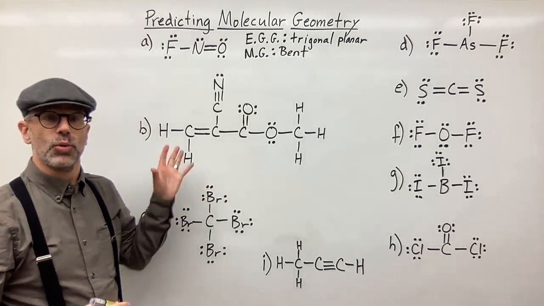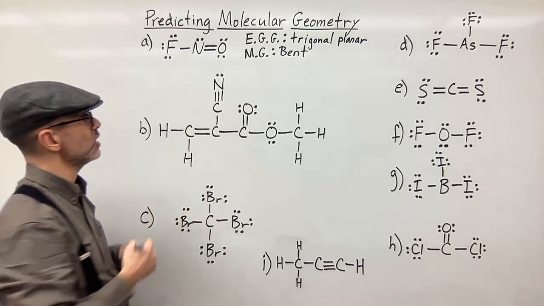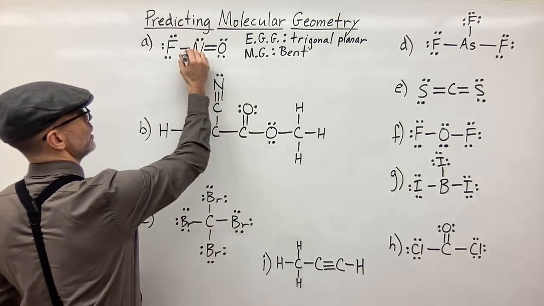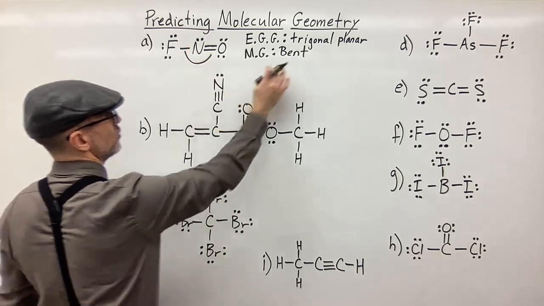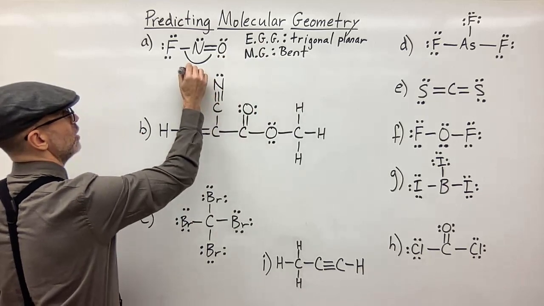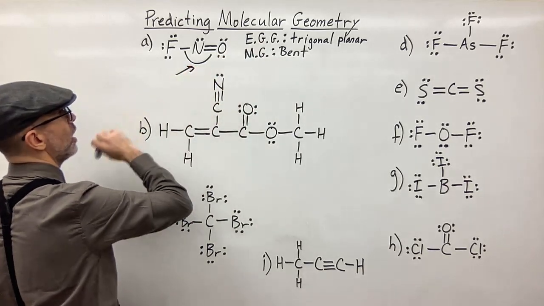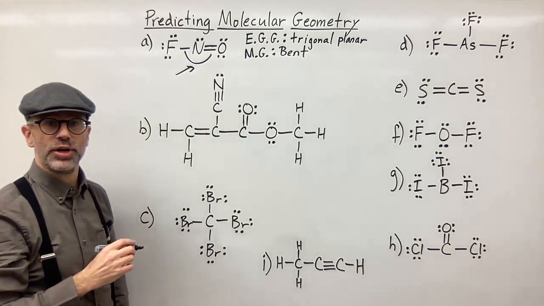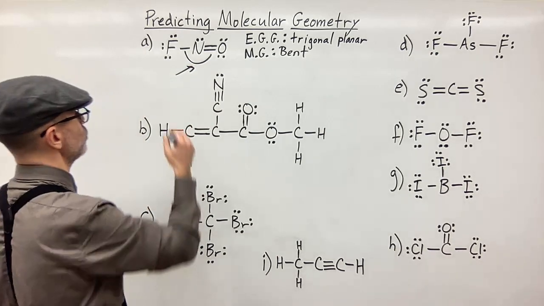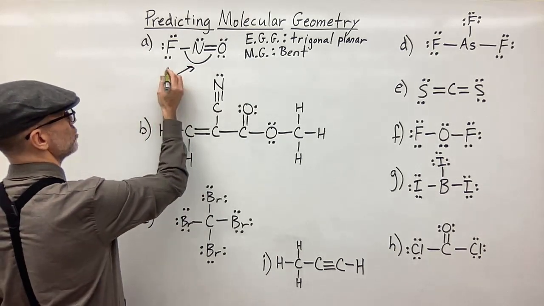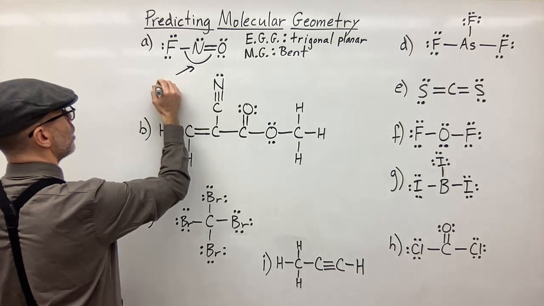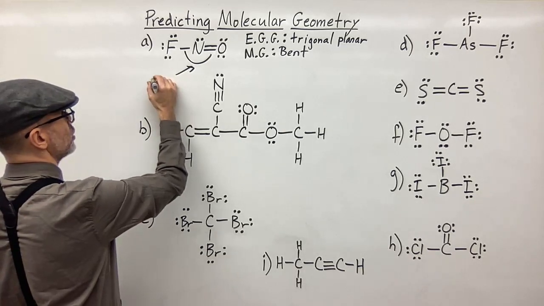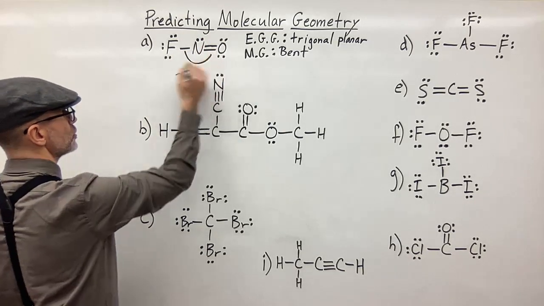With regard to angles, the bond angle between these two, since it's a bent trigonal planar, is going to be approximately 120 degrees, probably a little bit less than 120 degrees. But the ideal angle would be 120 degrees because we have three groups.